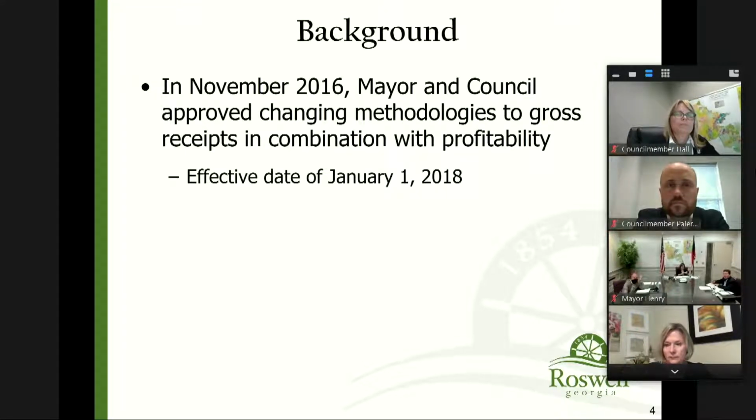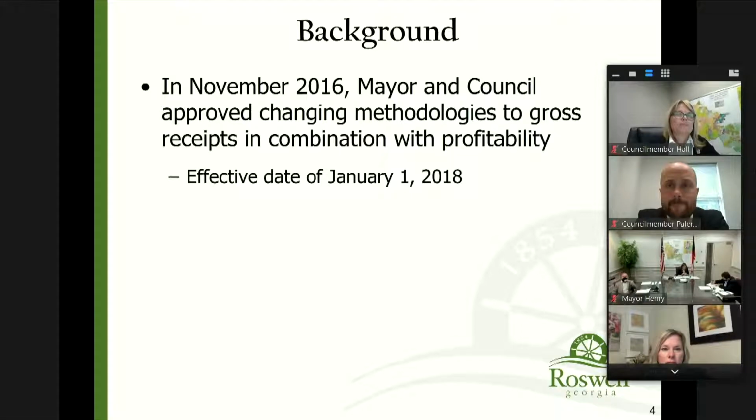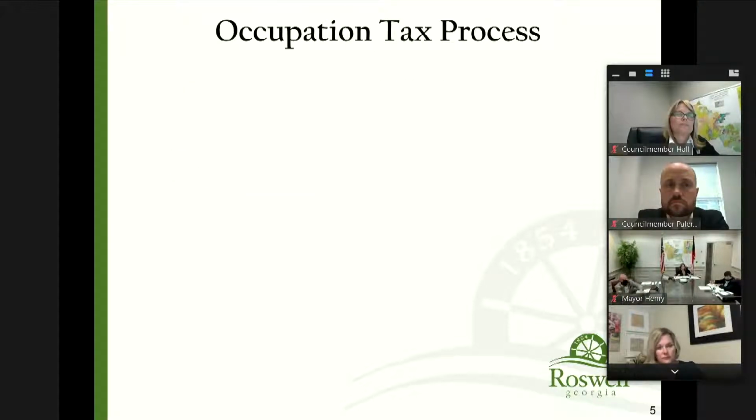And that decision was made to shift to a gross receipts method in combination with profitability. The effective date of that law going into effect was January 1st of 2018. So that was the first year that we implemented the gross receipts methodology.